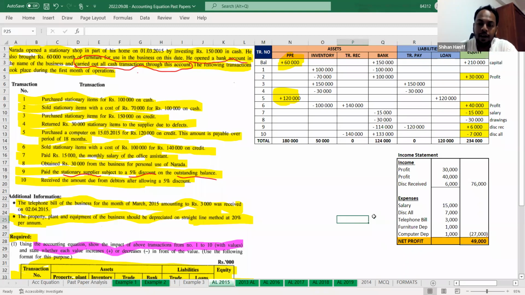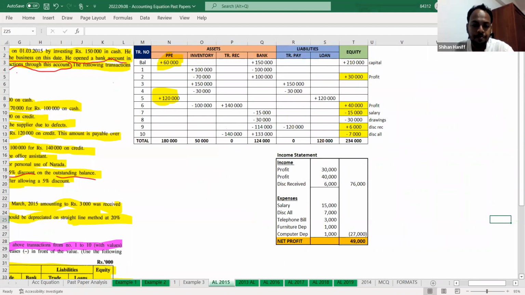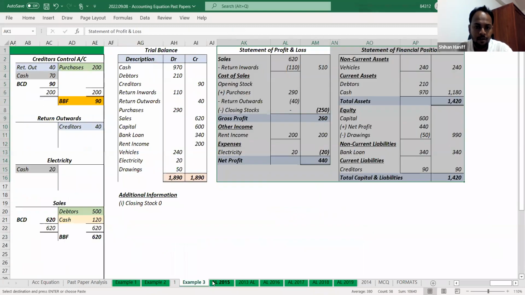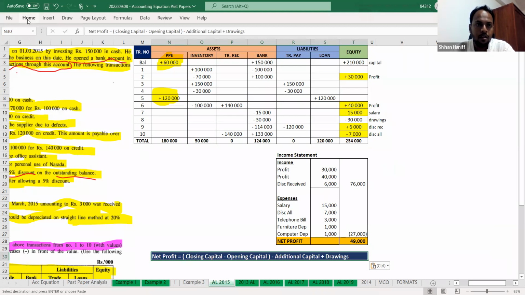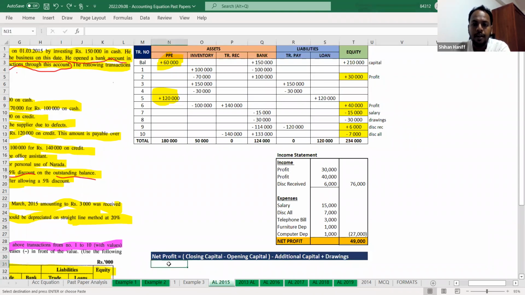Okay. Meantime, can you all calculate the net profit using the profit equation? Yesterday we did the profit equation. Can you all calculate the net profit using the profit equation?